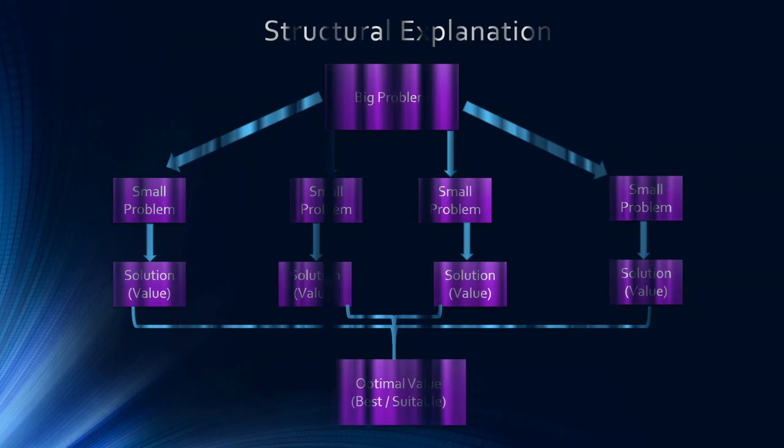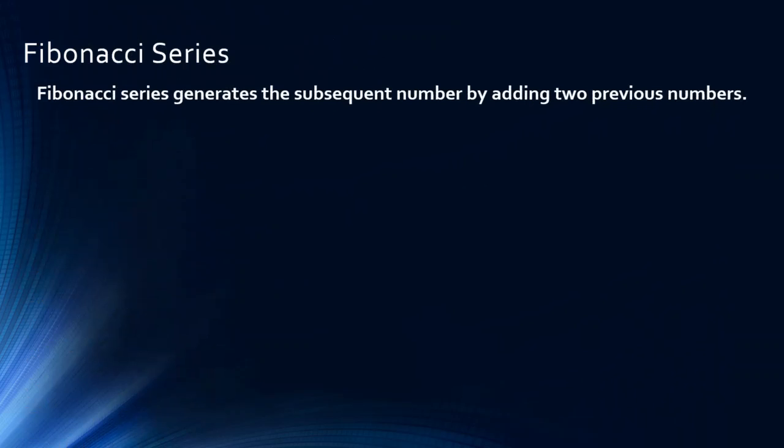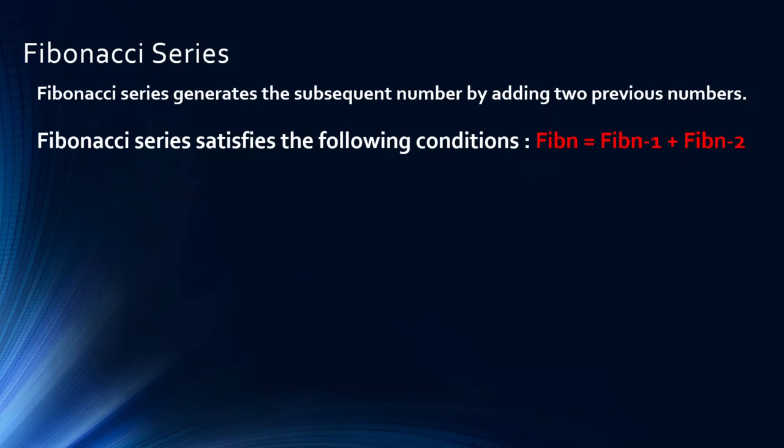Fibonacci series. We all know what the Fibonacci series is. The Fibonacci series generates the subsequent number by adding the two previous numbers. So the Fibonacci series satisfies the following condition. How do we write the Fibonacci series numbers?